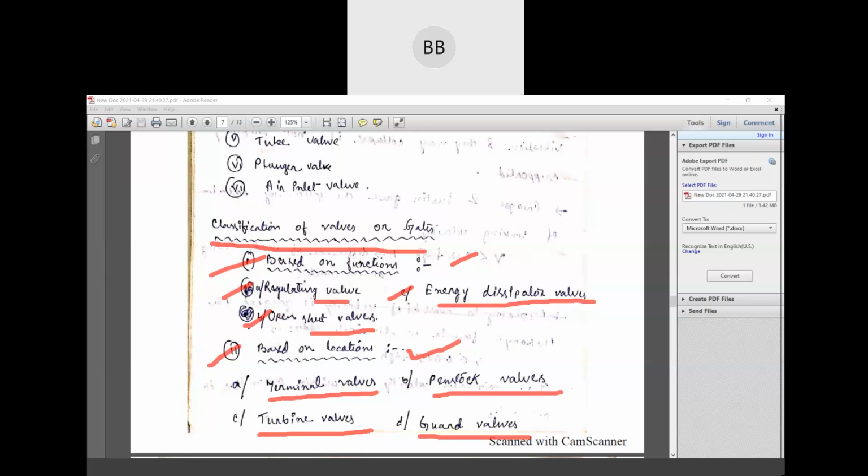So this chapter is almost over. Last topic is canal. The canal portion we are not going to discuss, because you have already studied canal in the previous semester in irrigation. So this is your self study.